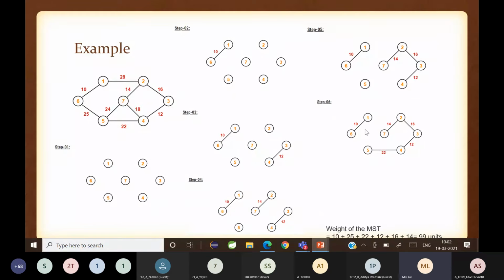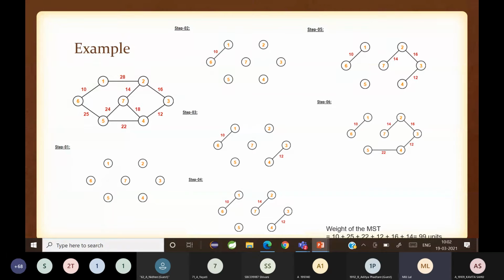No, see, 18 is already connected. That edge will form a cycle, right? When you select 18, it forms a cycle, so it gets rejected. So you are going to reject that.